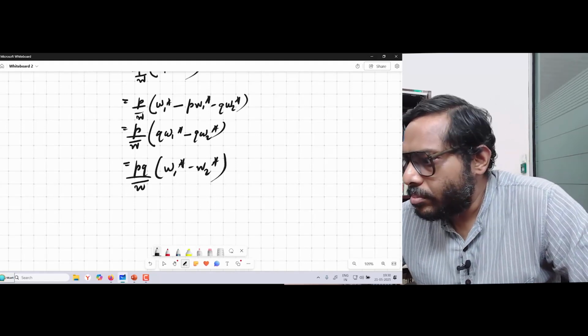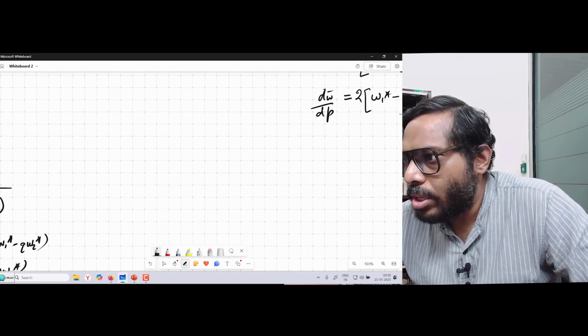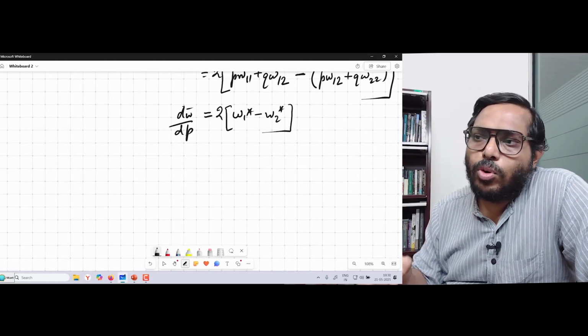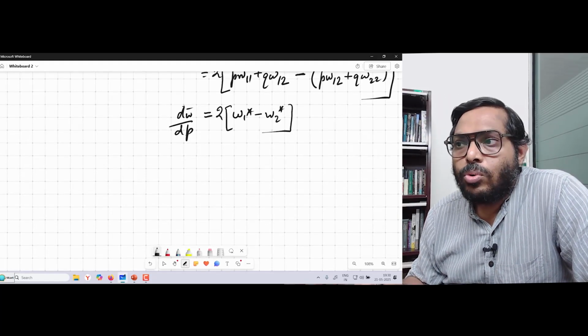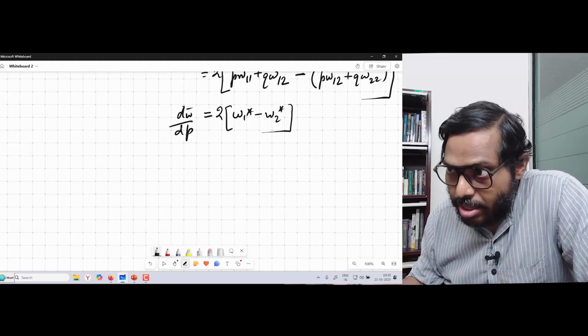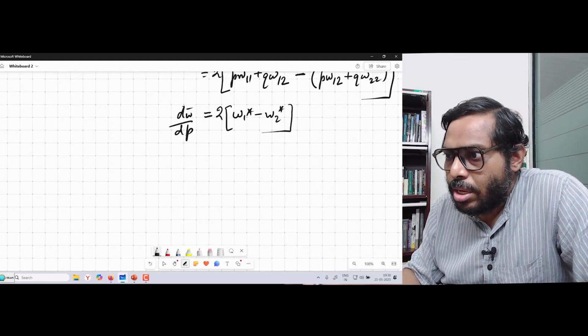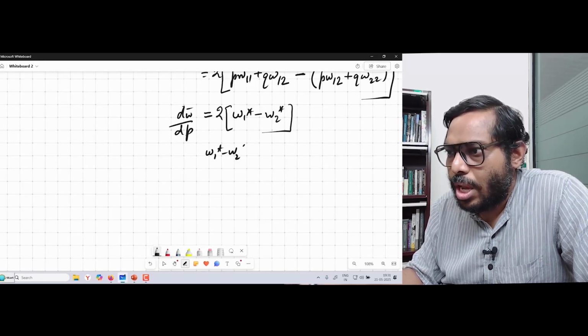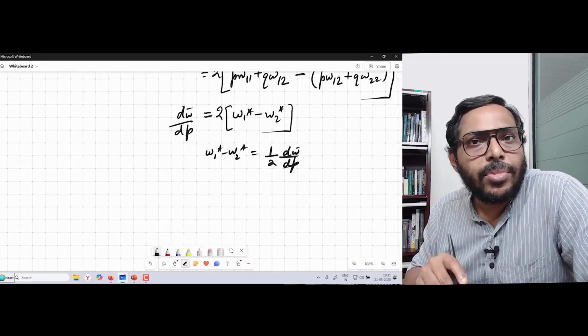Now, if you remember, when we were talking about dW bar dP, we derived that dW bar dP is equal to 2 into W1 star minus W2 star under the frequency independent condition. In other words, from this we can see that W1 star minus W2 star is equal to half of dW bar dP, right.